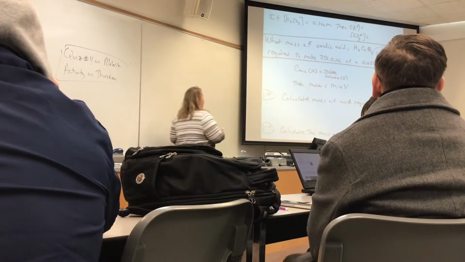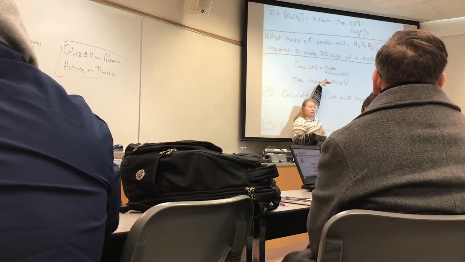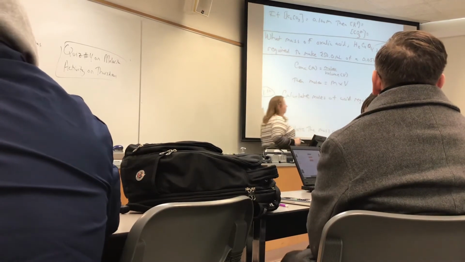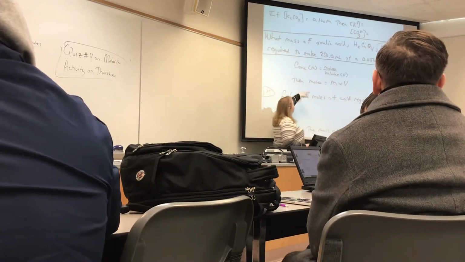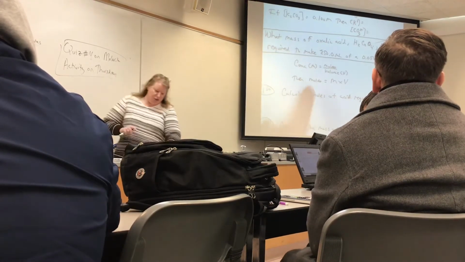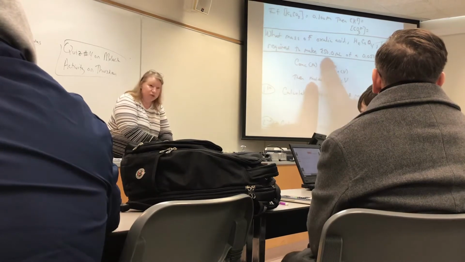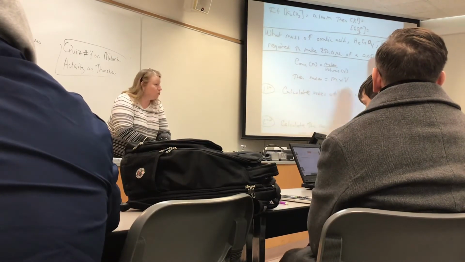Well, molarity is moles over volume, which of course our volume is going to be liters, right? So if I want to do this algebraically, I just take molarity times volume to figure out moles. I multiply volume by both sides, it cancels out. So I just did a little algebra there, didn't I?